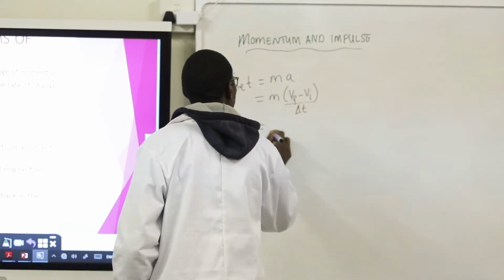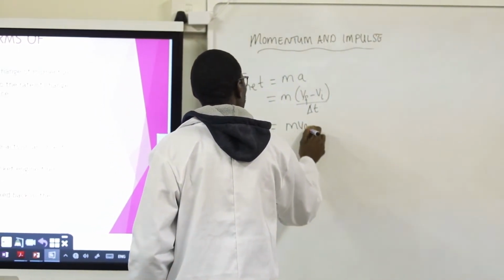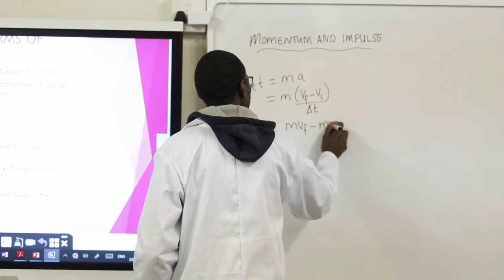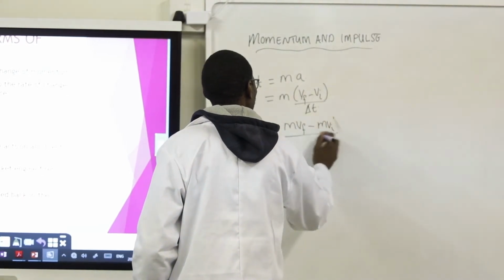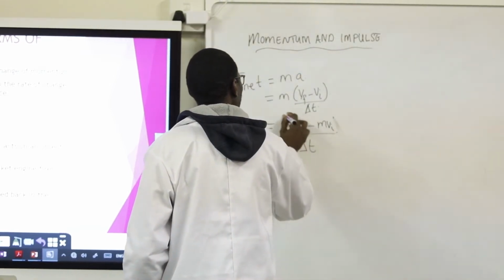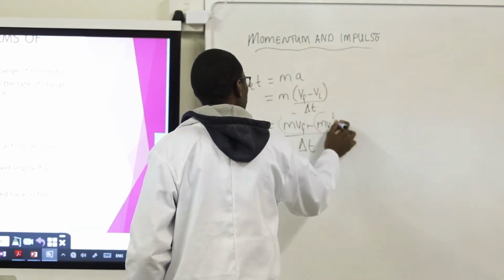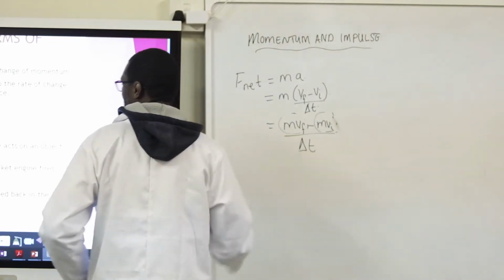If you further expand this, m v final minus m v initial, right, over change in time, what the top part gives you is m times v.